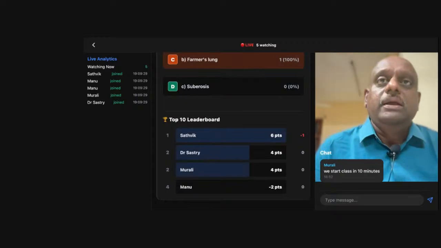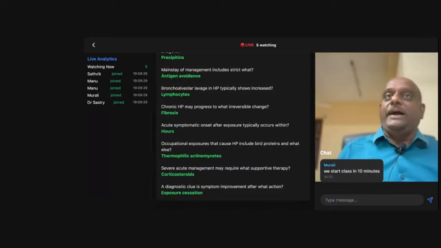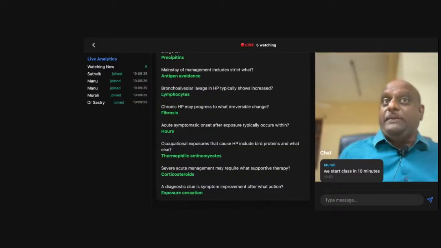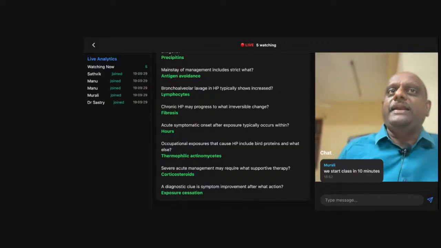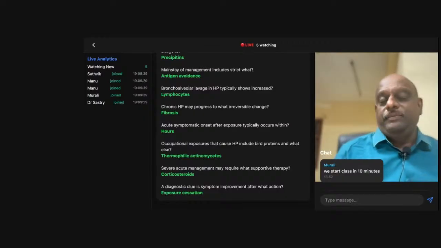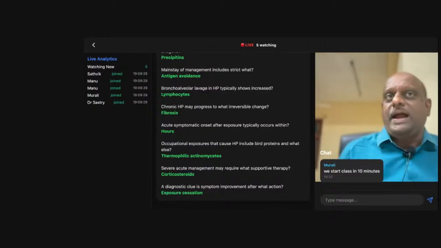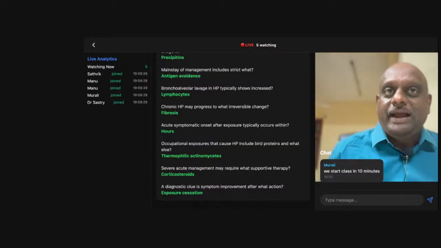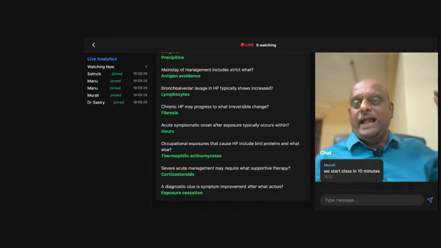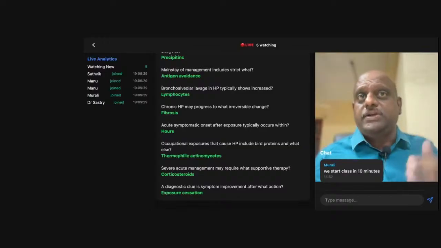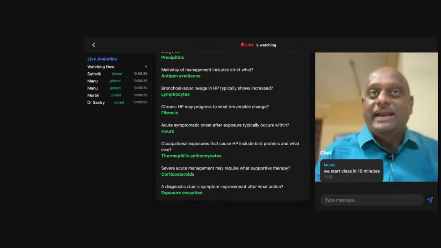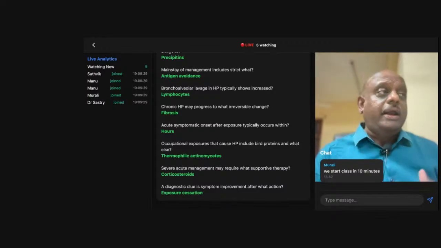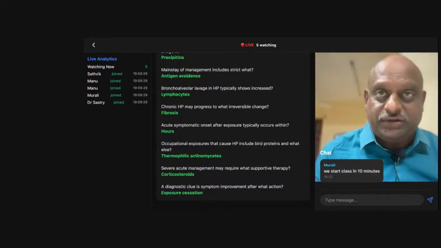Now, let's quickly master some of the facts. Hypersensitivity pneumonia, what is the type of hypersensitivity? Type 3 and 4. And typically, we do the antigen precipitation test in order to identify. And chronically, hypersensitivity pneumonia, what is the complication, doctor? Fibrosis. And if you do bronchoalveolar lavage in hypersensitivity pneumonitis, it will be predominantly lymphocytes.